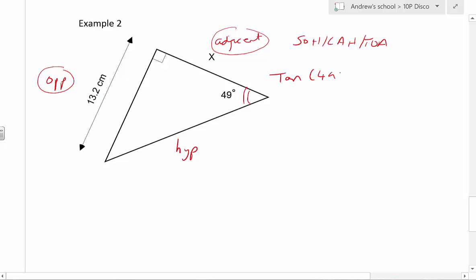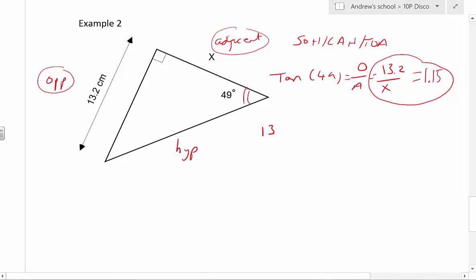So tan 49 is opposite over adjacent, which is 13.2 divided by x. Let's work out what tan 49 is, and the calculator tells me it's 1.15. Realistically, the important piece of information is this.